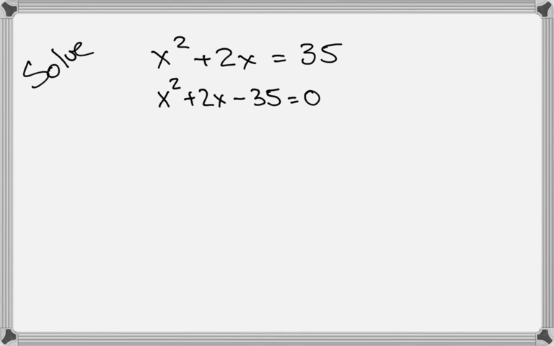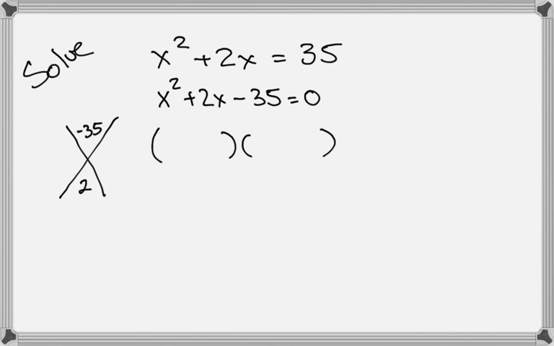Yeah, that's what I said. Okay, now we got a factor. So the leading coefficient is 1. Which two numbers multiply to be negative 35 and add to 2?